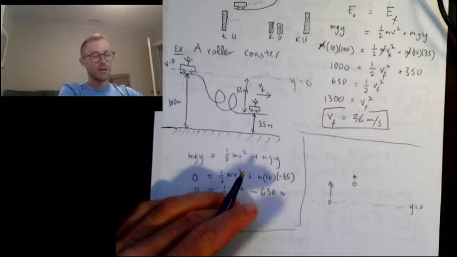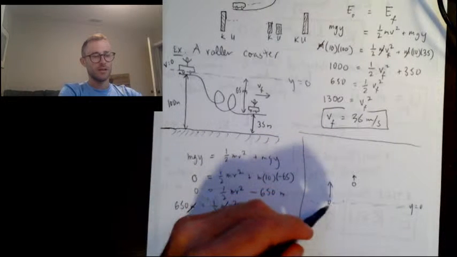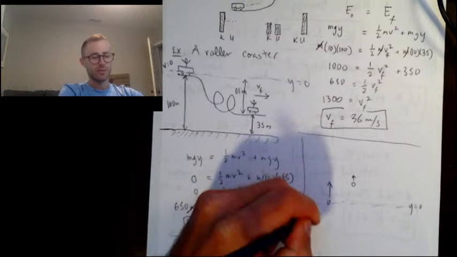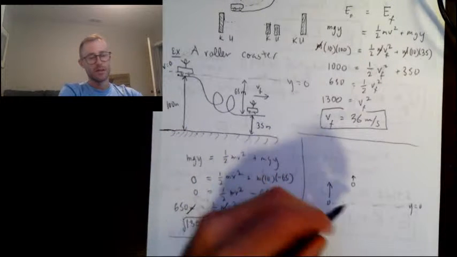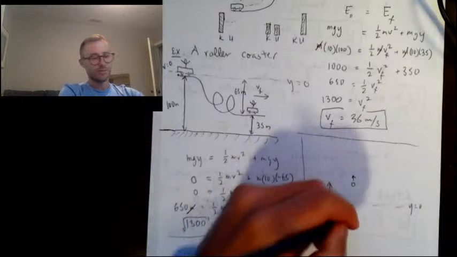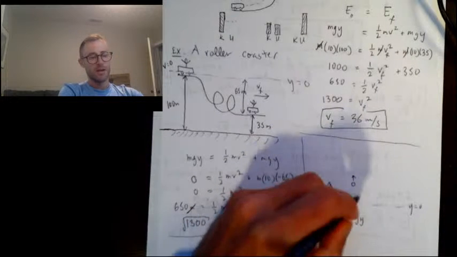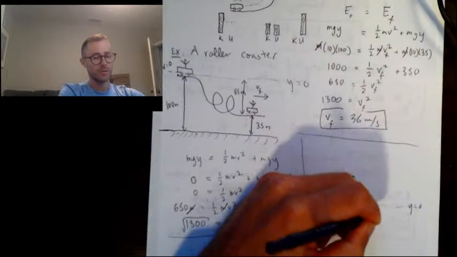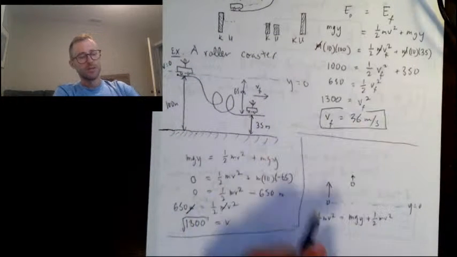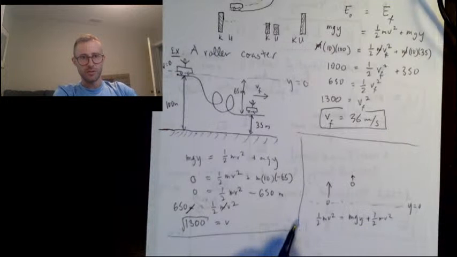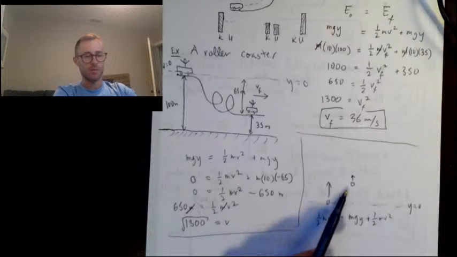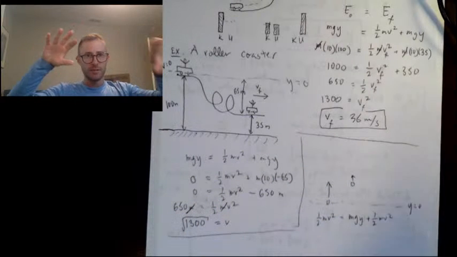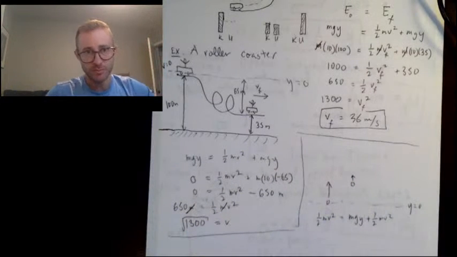So if we look at it right here, we have kinetic energy, so we have 1/2 mv squared. Here we have elevation, so we have mgy, but we also still have some kinetic energy, just less than what we started with. So I would include a 1/2 mv squared. So this would be the master equation, the conservation of energy equation for this problem. Okay? So there's kind of a trick to putting each form of energy on either side of the equation.